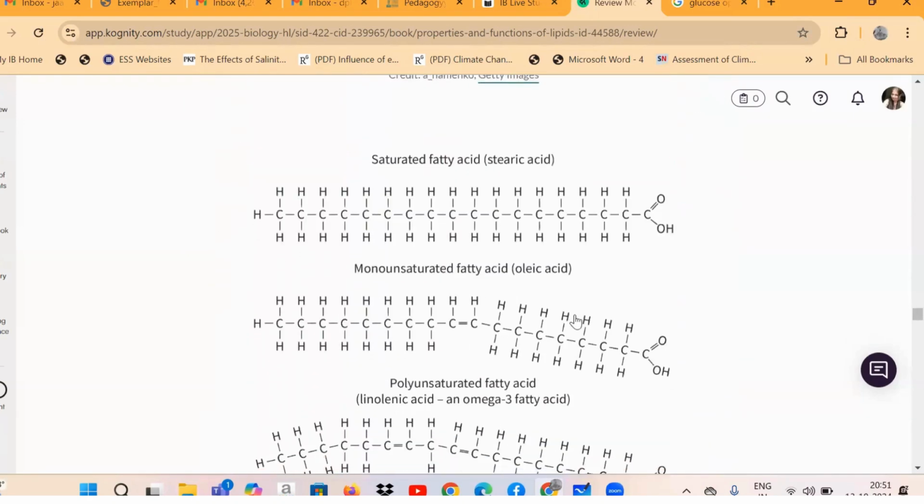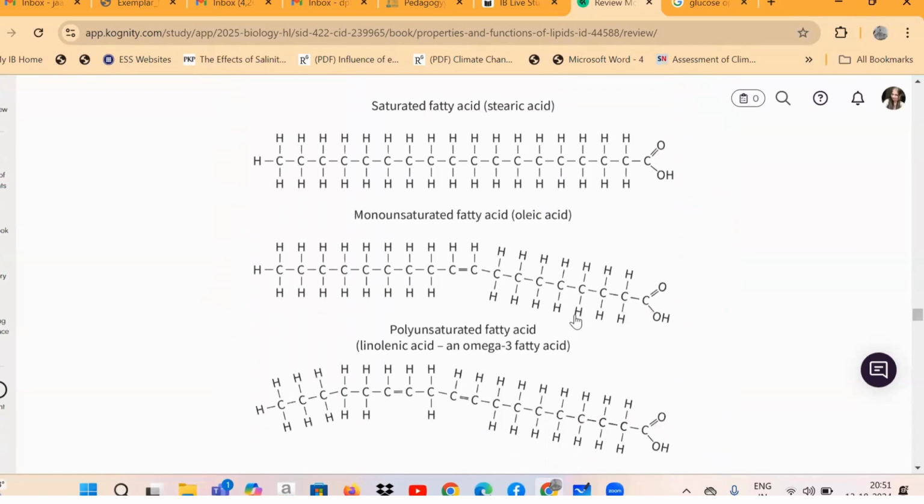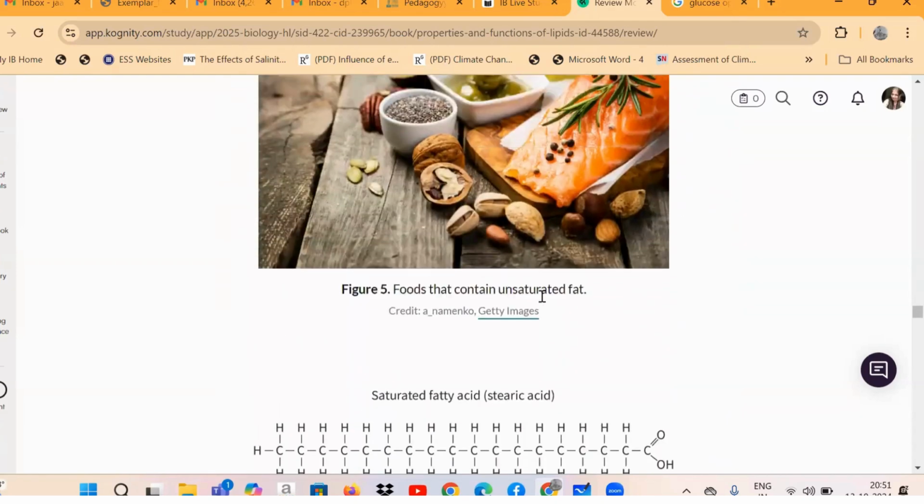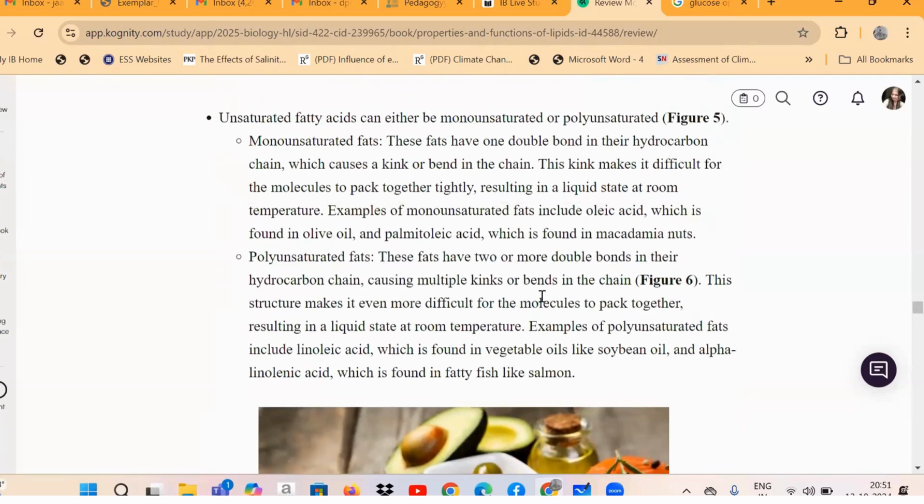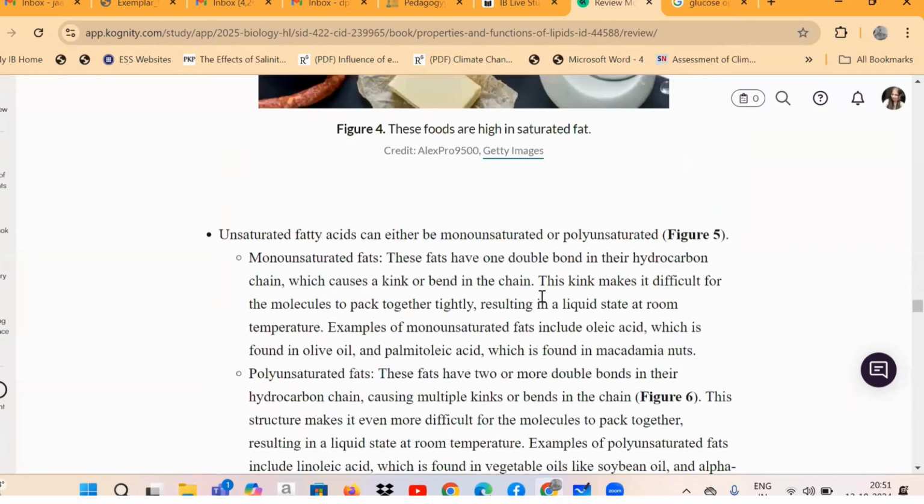So there is a difference in identifying saturated and unsaturated fatty acids in structure. How does it look? Can you see? The unsaturated ones have kinks in them because of the double bonds. Wherever they have a double bond, there is a small bend or a kink. And why is it so?